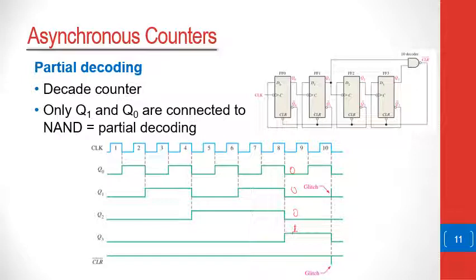This is a negative edge triggered asynchronous counter because of this. The negative edge asynchronous counter. So as soon as we have another negative edge coming in, then this count will increase.